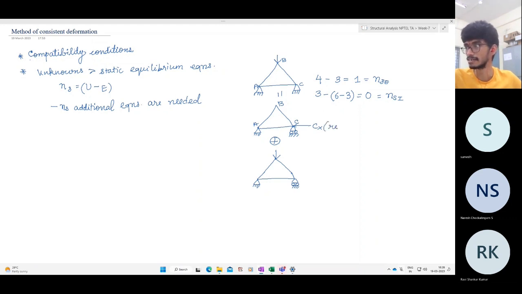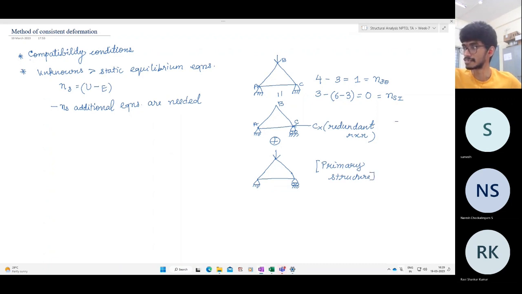So this is called a redundant reaction, and we release the restraint caused by that. So after releasing the restraint, whatever structure we have, along with the applied external loading, is called a primary structure.